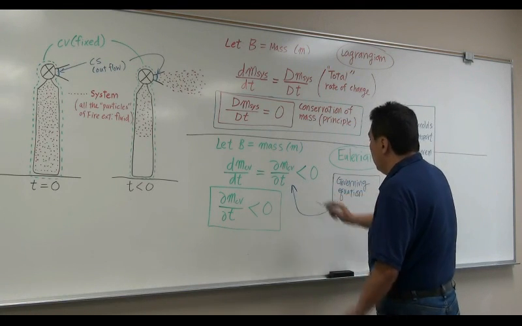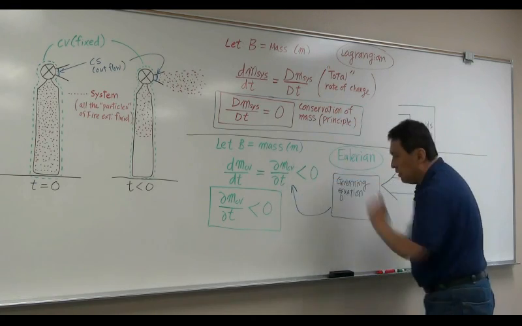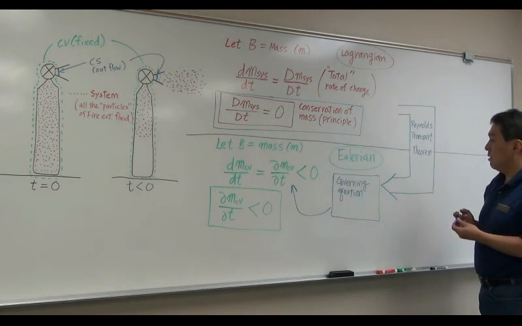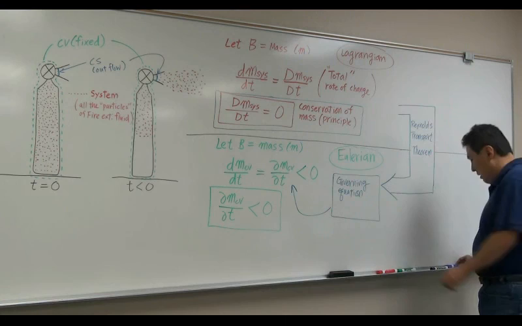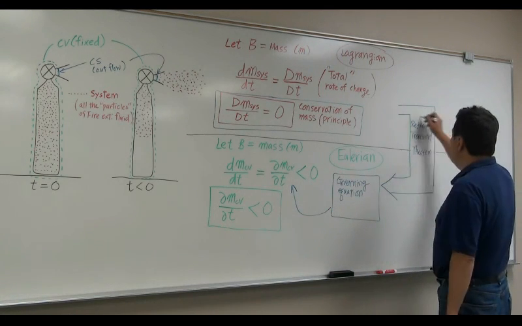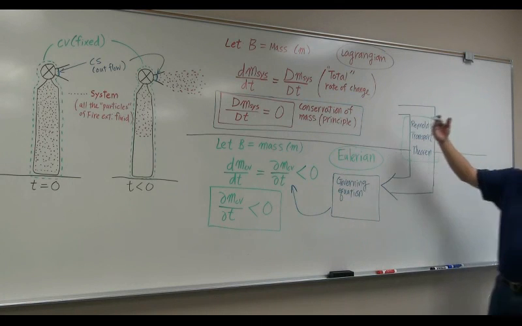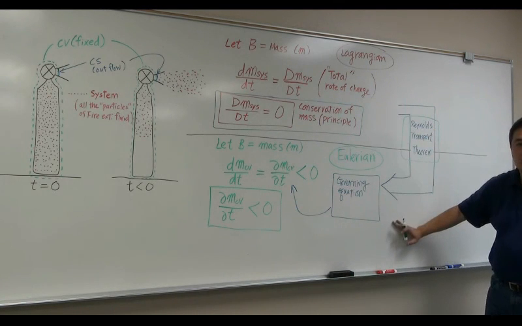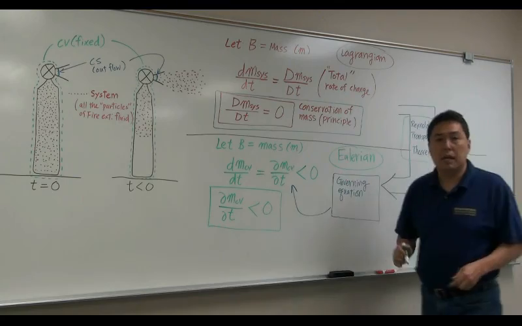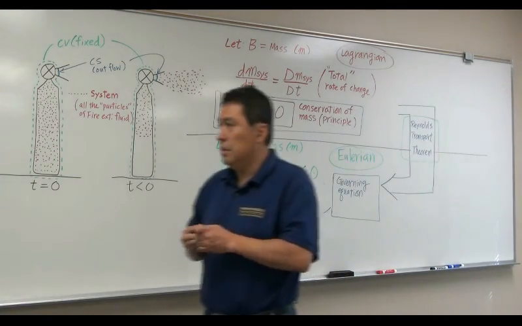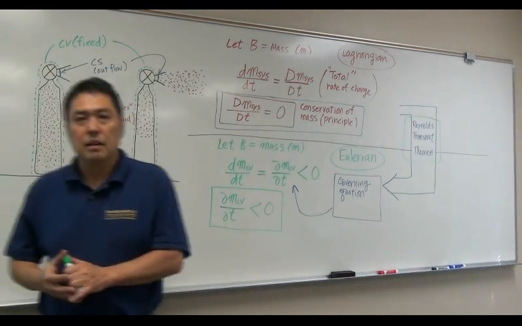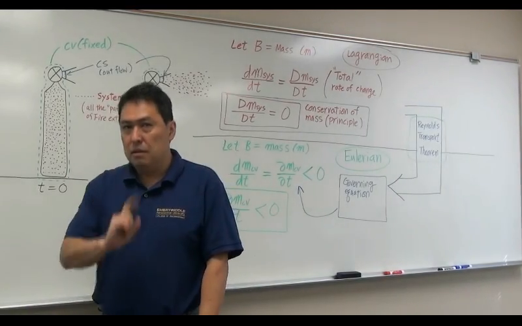It is going to find out how much the actual value is here so that you can solve the problem. The Reynolds transport theorem is the bridge between Lagrangian and Eulerian. So we are going to discuss that in this unit. Okay? Let's stop for now and we're going to continue.